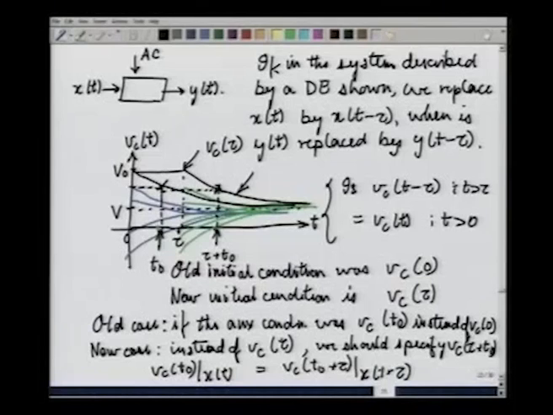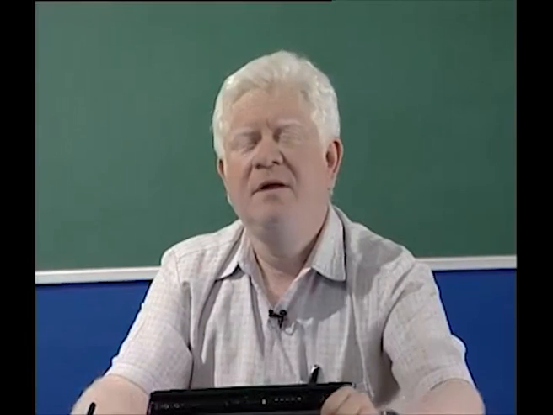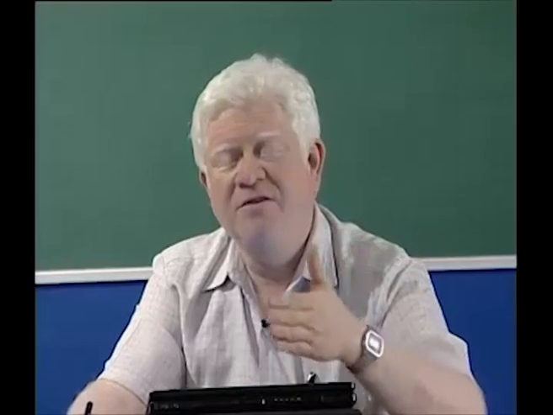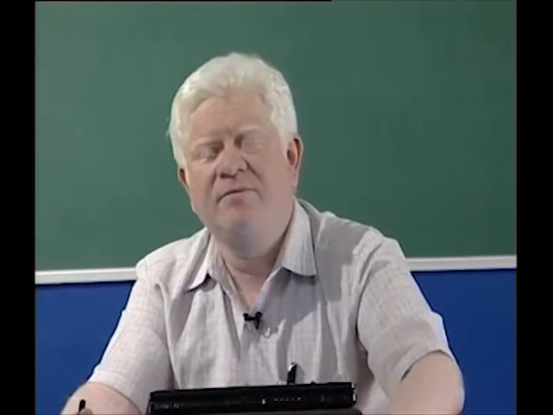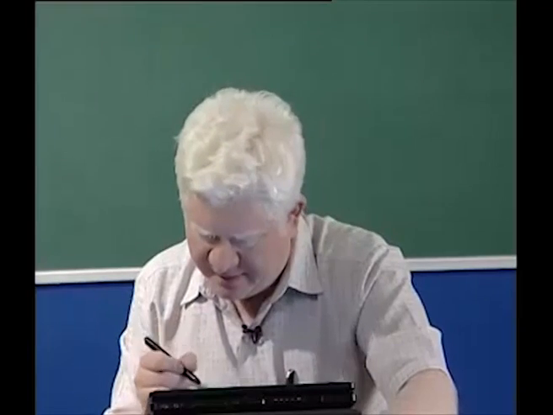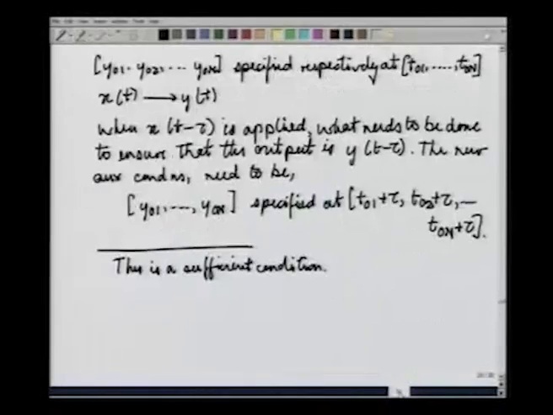This particular curve is the correct answer because the capacitor voltage has remained the same and now the input has been shifted to a new instant of time. Now, since there is no space here, I go back to the new page. There we considered two possibilities. Possibility 1, for the old case and for the new case.